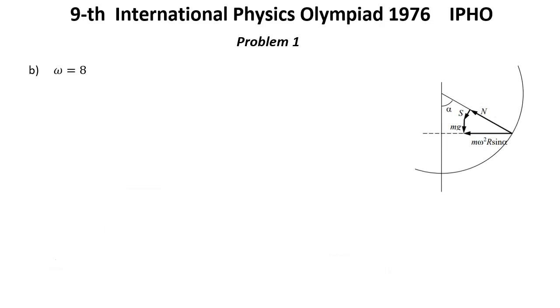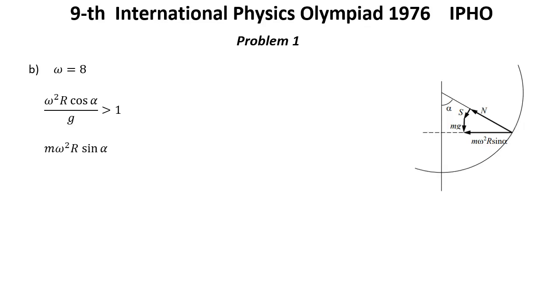Question B. Now suppose that omega equal 8 radians per second. If on the other hand we have omega square r cosine alpha over g greater than 1, some friction is necessary to prevent the block from slipping upward. So it means that m omega square r sine alpha must be equal to the resultant of forces S, N, and mg.